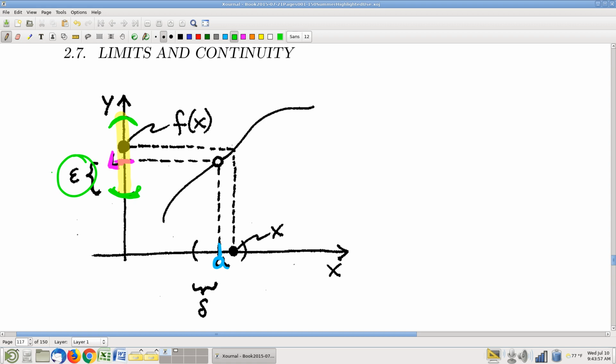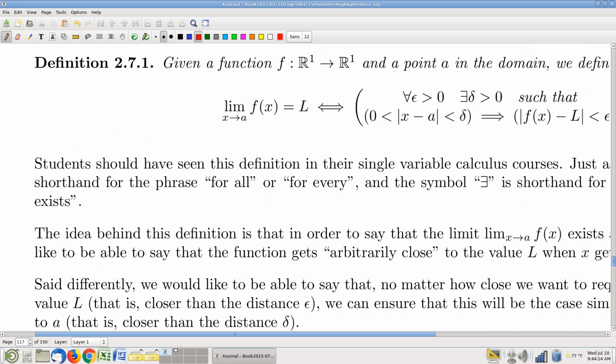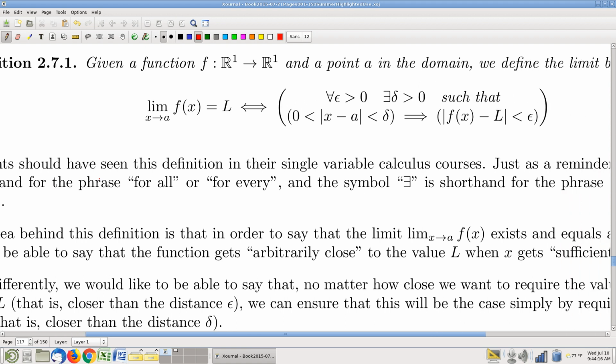And we can say that a value of the function is that close, it is within epsilon of L, by just saying the absolute value of f of x minus L needs to be less than epsilon.